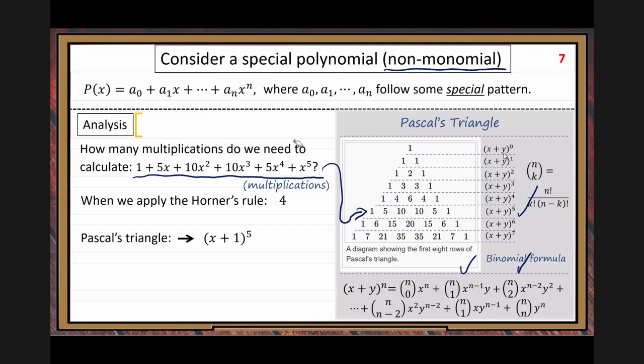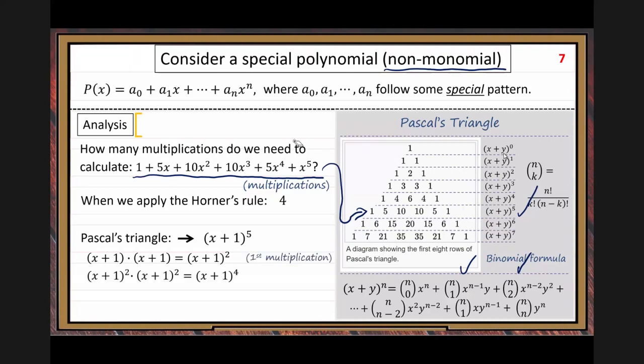Then we multiply this number by itself to get to the 5th power. How many multiplications do we need? First, x plus 1 times x plus 1, the square, one multiplication.